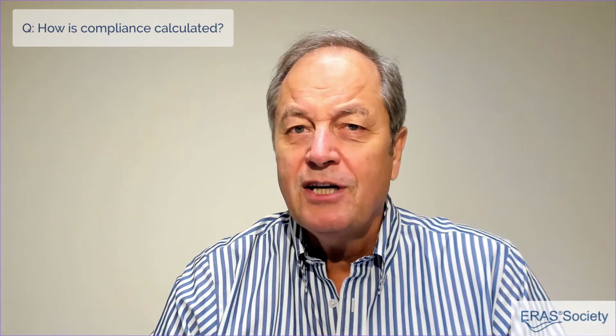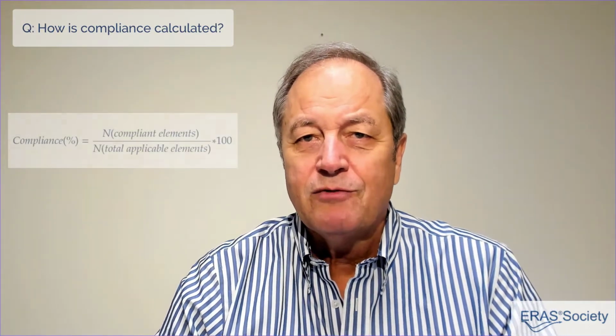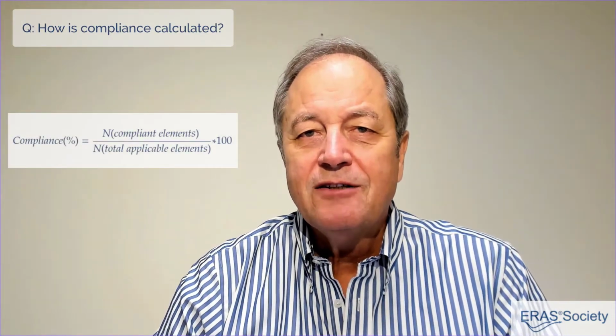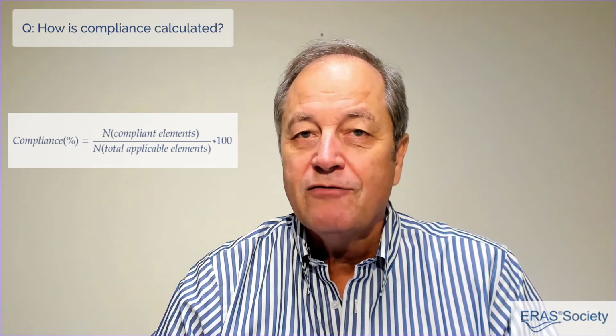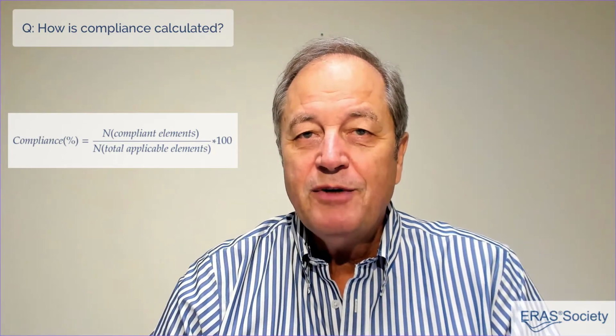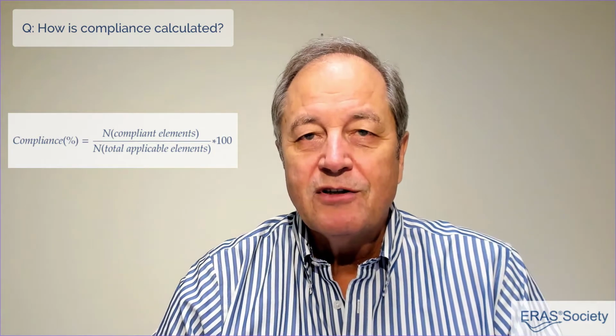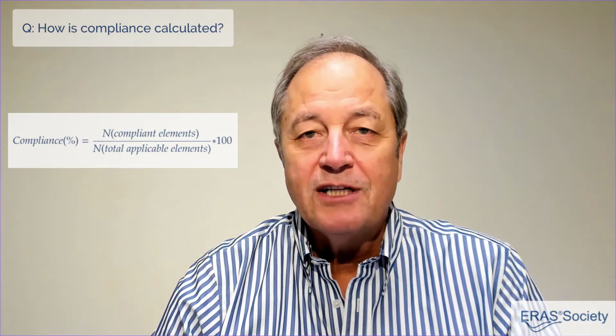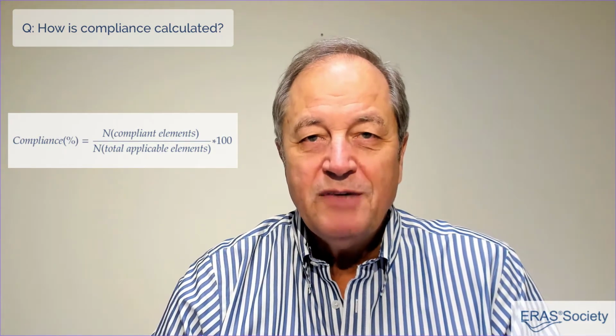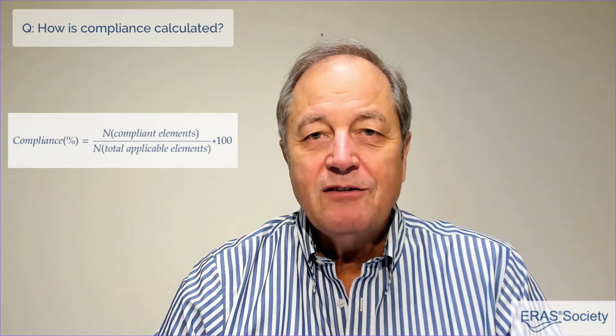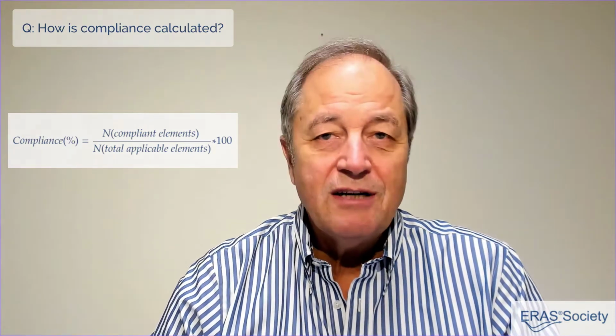And the way that we calculate compliance is very simple: just looking at the number of elements that you're actually fulfilling with each and every patient and dividing it by the number of elements of care for that specific process. So you may have 50% compliance, 60, 70, or 80.